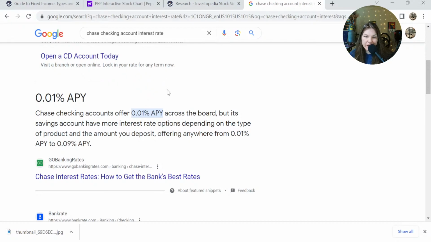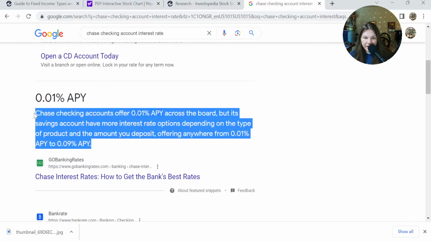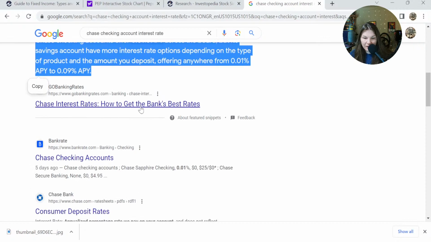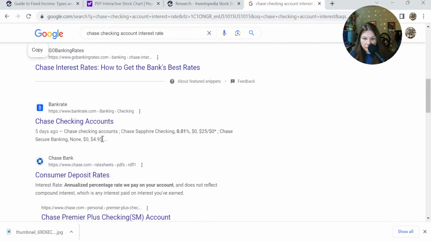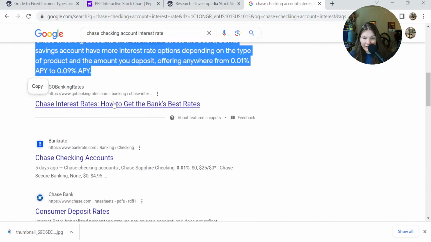That's $100. No, 0.1%. So it's $1 a year off of $10,000. That's what you get. That's not very good.